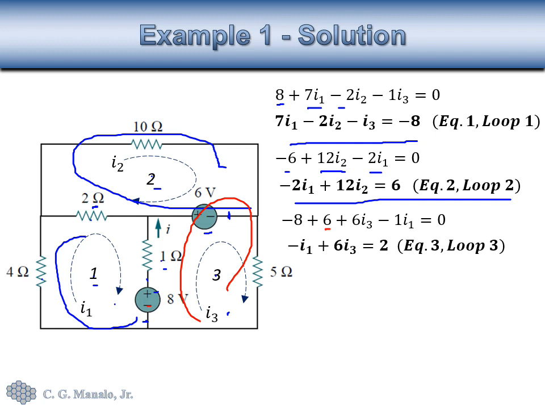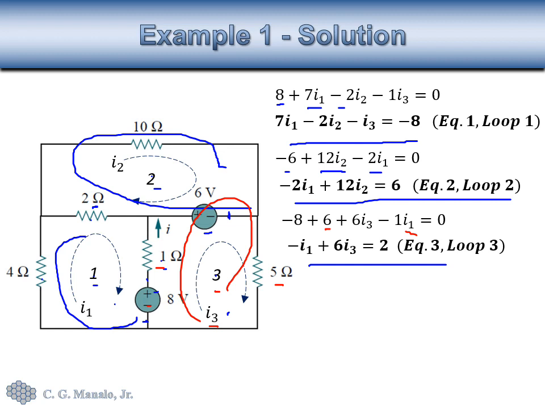Then 1 plus 5, that would be 6I3, minus 1I1, because that drop is due to I1, which is outside loop 3. So simplifying, we will get this equation.